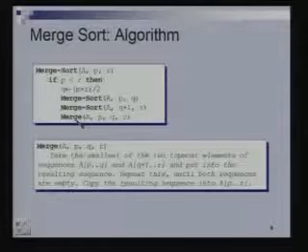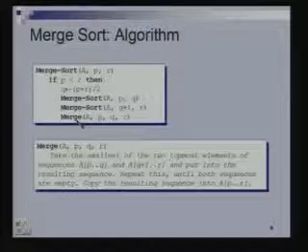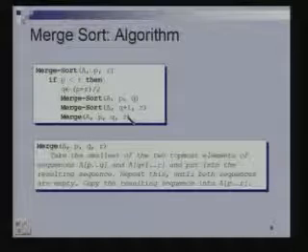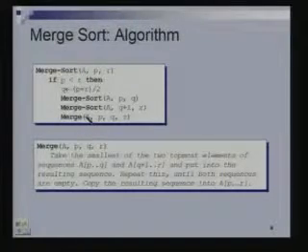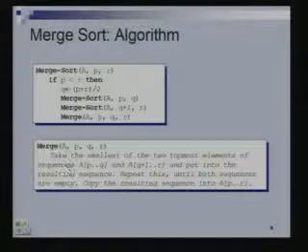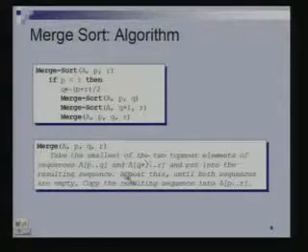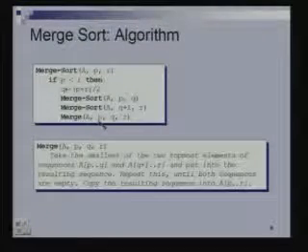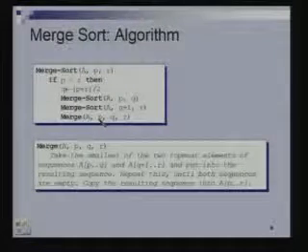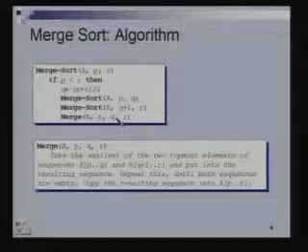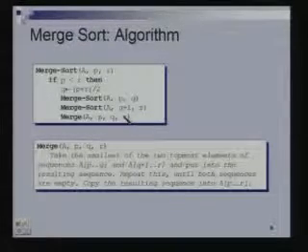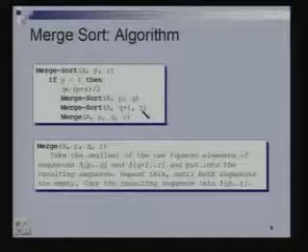For that I have another procedure called merge, to which I specify P, Q and R. So, what is the definition of merge? It is going to take the two sequences, one sequence is from P to Q, the other is from Q plus 1 to R, and merge them and make one sorted sequence which will sit in P through R.